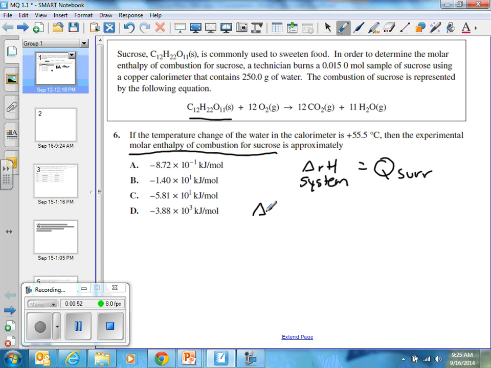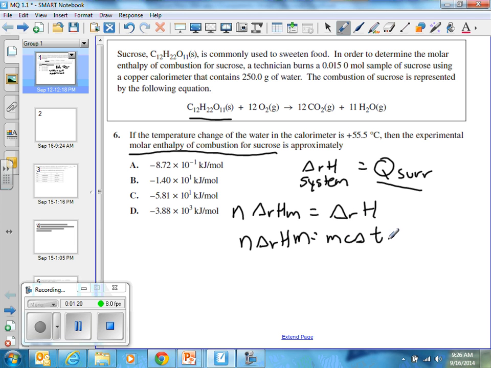So if I have number of moles times the molar enthalpy of substance is equal to the enthalpy of a system, I can replace this with Q, or MC delta T. Okay, so this means the MC delta T is referring to the surroundings in the calorimeter, which usually is going to be water. For the most part in calorimeters, we're talking about water being the surroundings.